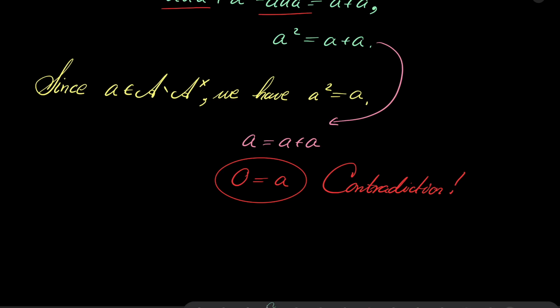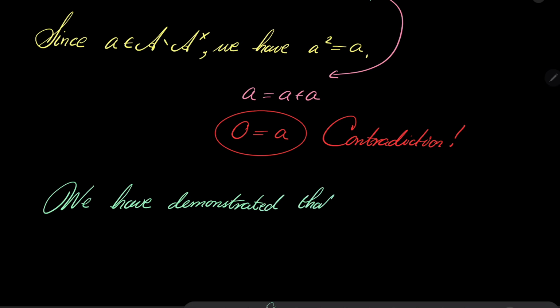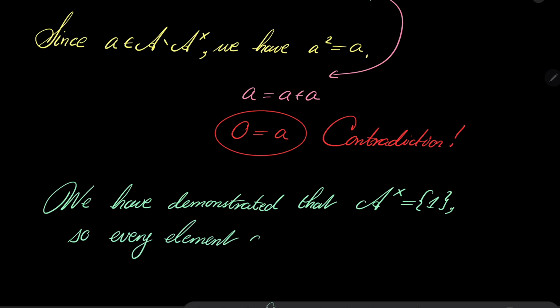You may wonder, what about minus 1? Well, in our ring 1 equals minus 1. So 2 equals 0 in this ring. There are rings like that. So we have demonstrated that the only invertible element is 1, so every element of A is idempotent.